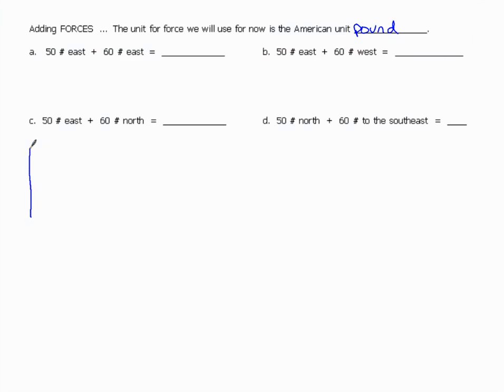So we have 60 pounds to the north, and we have 50 pounds to the east. And the sum, we use the parallelogram method.